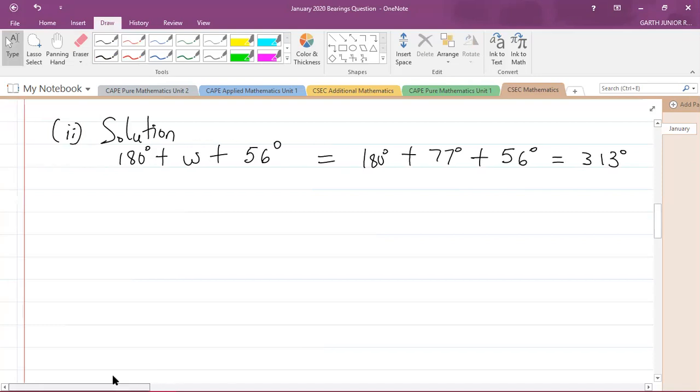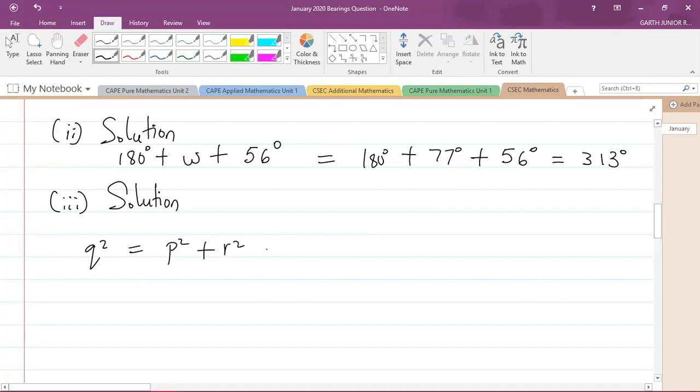In case you're not understanding, let me just write it down for you. All right, so we're now at part 3. Part 3 solution. I'm going to have my cosine rule, which is Q squared equals P squared plus R squared minus 2PR multiplied by the cosine of my angle Q. I want to try and find Q, which is the PR that they asked us for.